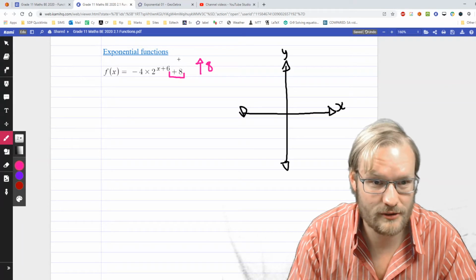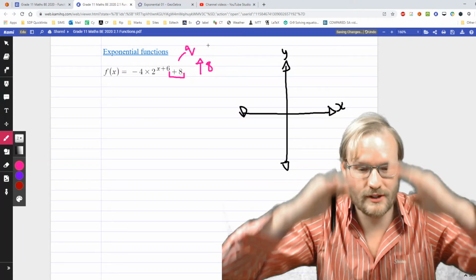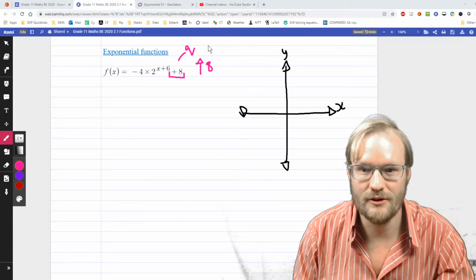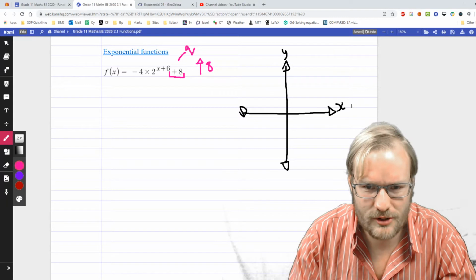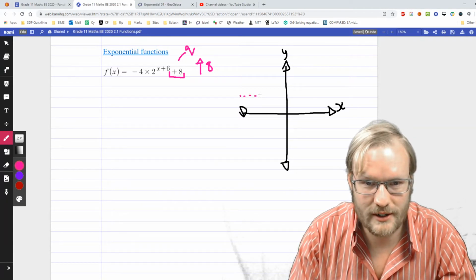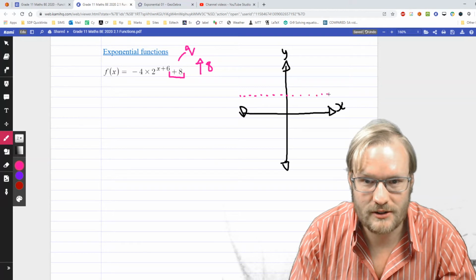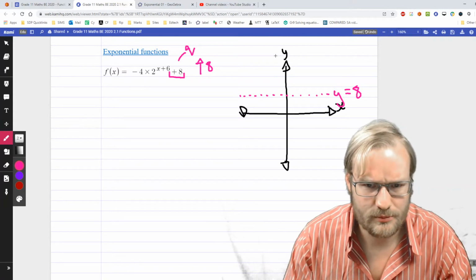That's our q value. q always tells us what's happening, moving things up and down. So if we've moved it up by 8, our asymptote, which was on this axis, has moved up. So let's draw our asymptote in a nice dotted line, y = 8. Okay, so that's part of the puzzle done.